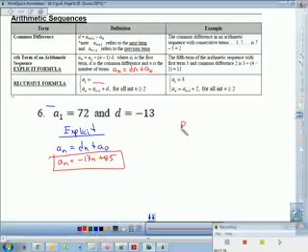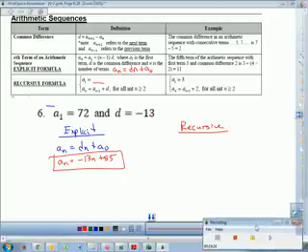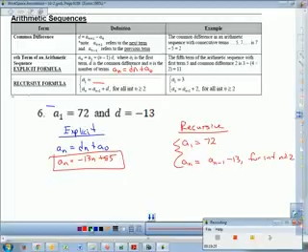Recursive. See if you can do it without my help. Work with a partner if you want to, but there's 4 parts to a recursive formula. Use your note card to help you if need be. This is what it should be. To read it out loud, the first term is 72. The nth term after that will be the previous term minus 13 for all integer n's greater than or equal to 2.